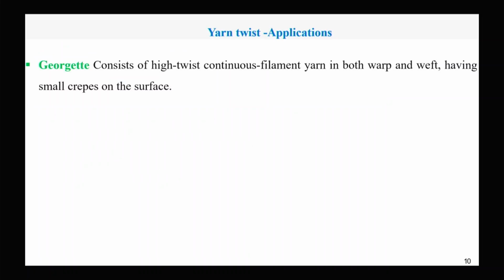Now yarn twist applications, very common examples are there. As I have mentioned, knitted undergarments. In warp and weft fabrics, georgette is one example, which consists of high twisted continuous filament yarn in both warp and weft.